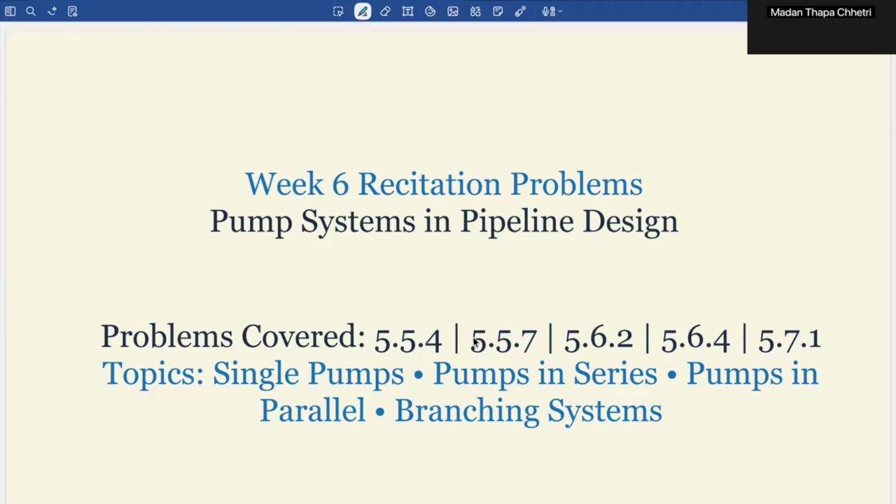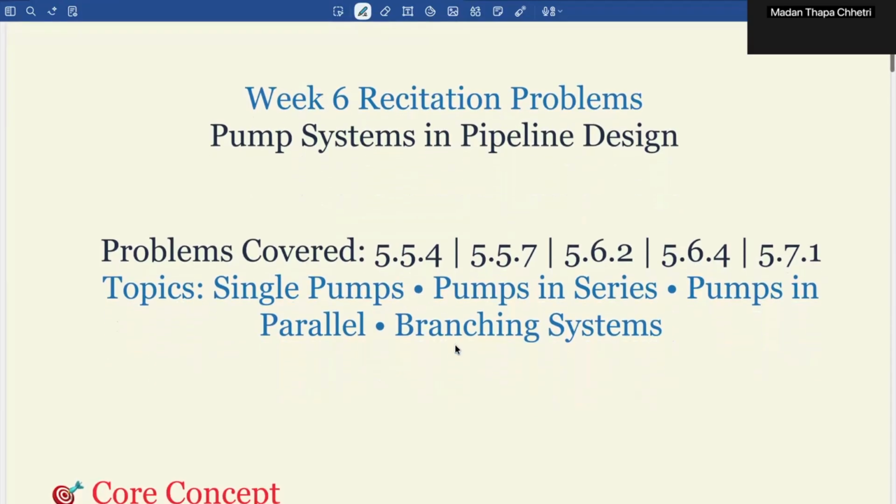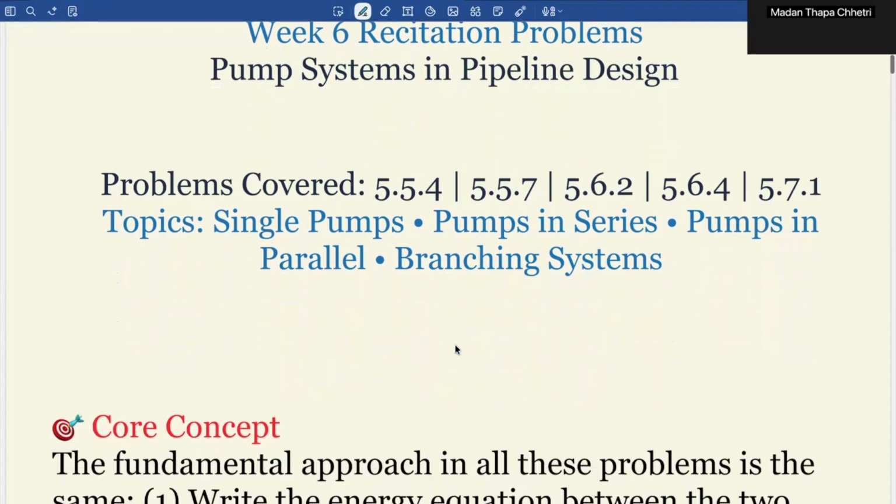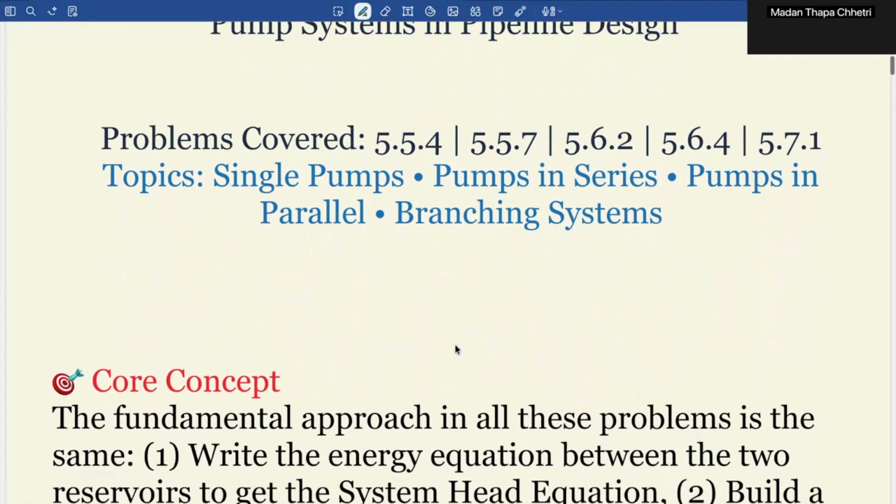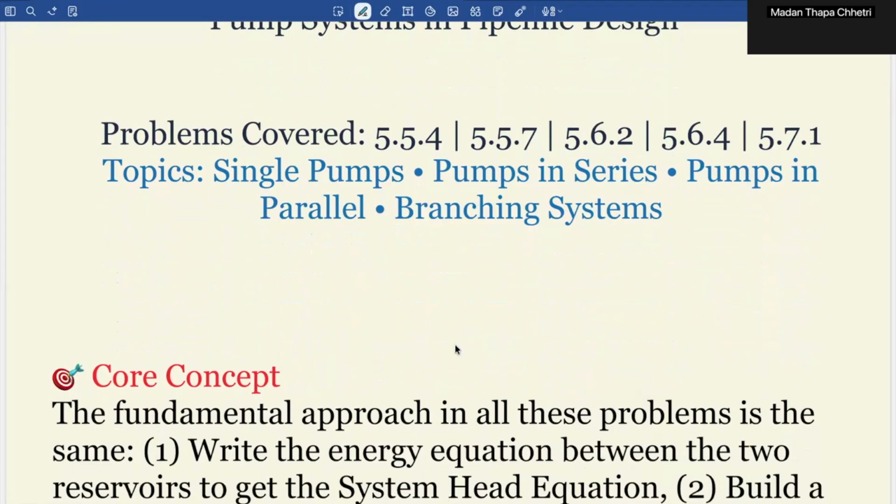By the end of this recitation class, I hope you will have a strong command of the system head curve approach and graphical method for finding the operating points. The core concept that we are going to use in this recitation class will be the same.